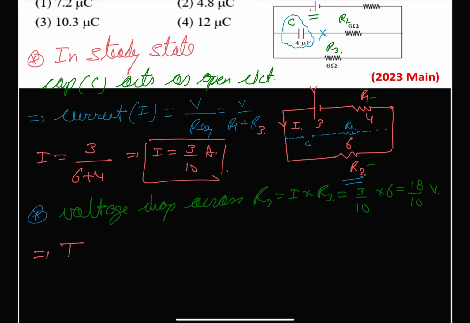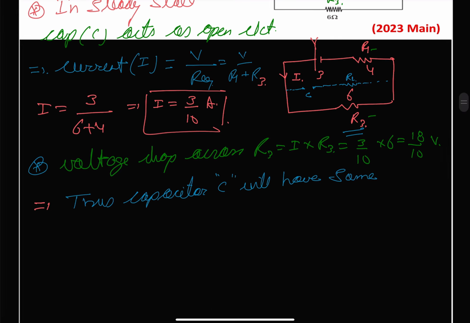Thus, capacitor C will have the same potential. Let us call that potential VC. So VC will be equal to 1.8 volts. We need to find out the charge on the capacitor.